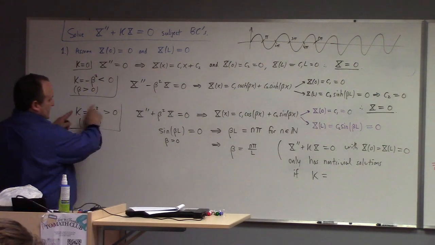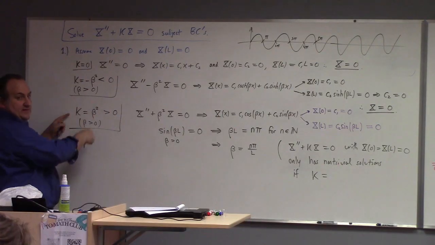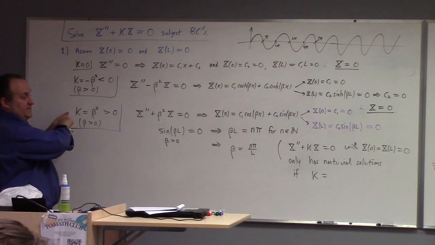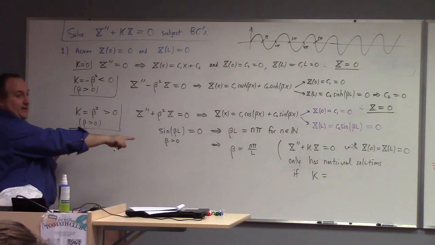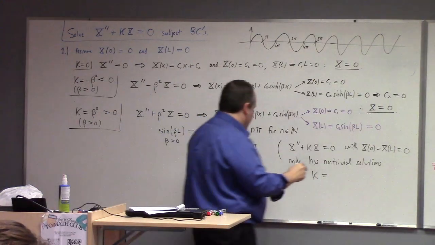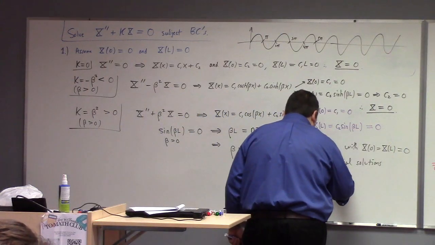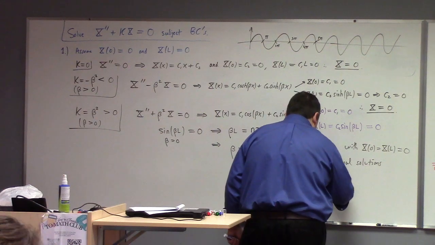Notice in this case we were working with k equals beta squared, right? We just found the boundary conditions force beta to be n pi over L. So in fact, k has to be n squared pi squared over L squared.